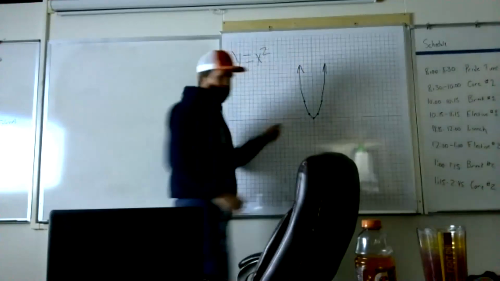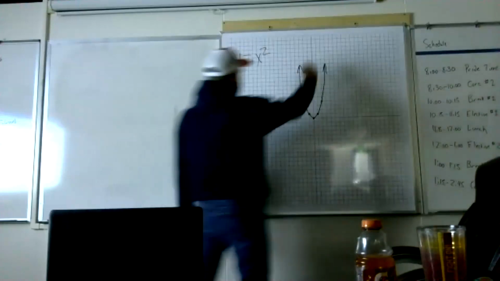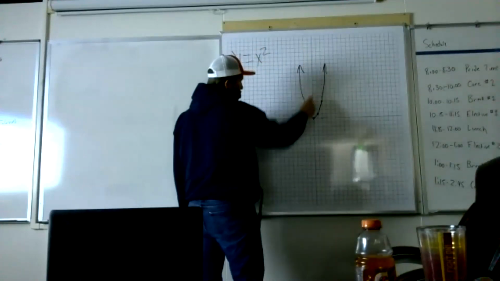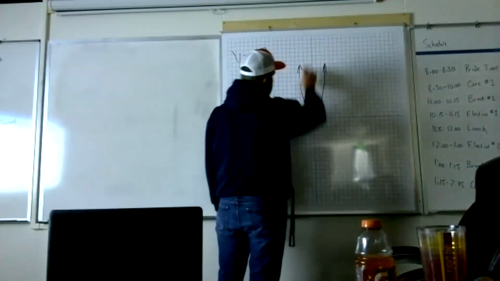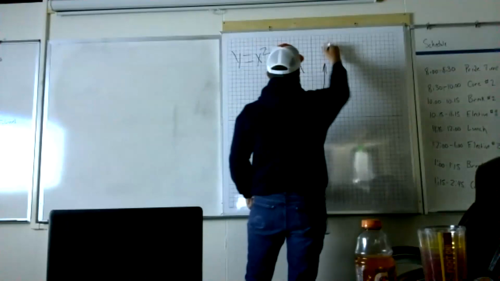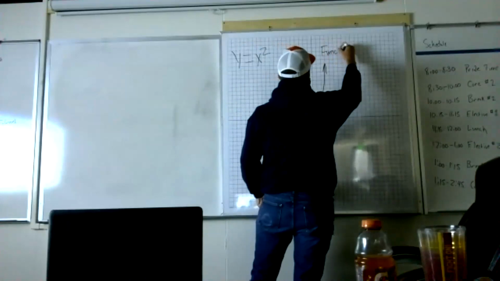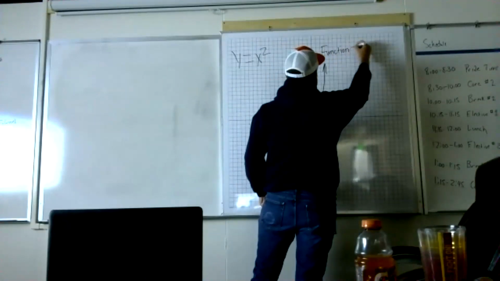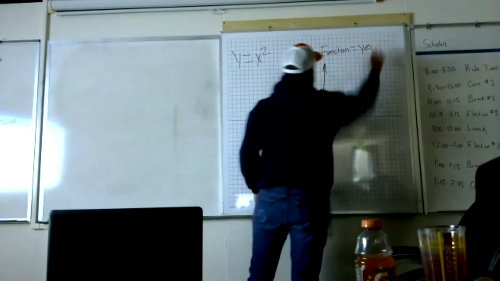Okay, this is a function, because anywhere we were to draw a vertical line, and you can see it on the grid lines, we would only intersect the graph at one spot. So, is it a function? The answer is yes, it is a function.